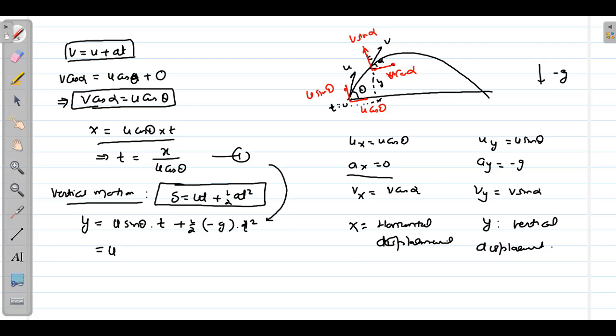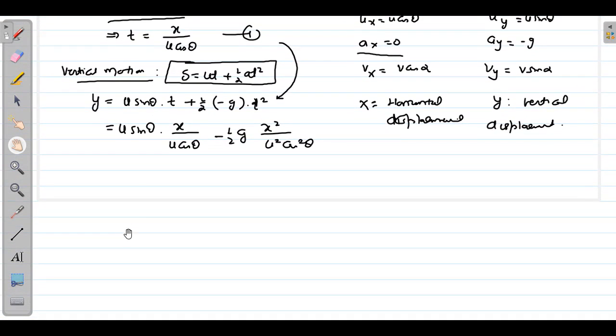We get u sin theta into t, which is x by u cos theta, minus half g, and t square is x square by u square cos square theta. And now we rearrange the terms and finally u will be cancelled out with this.